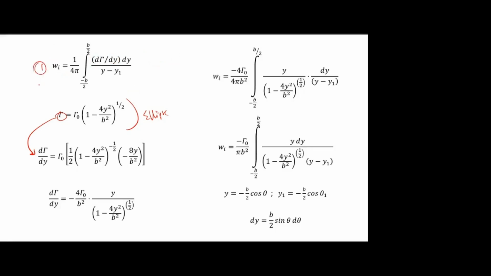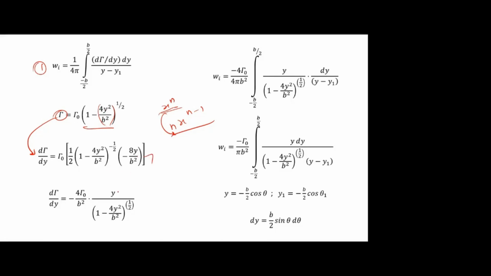So the first step is finding wi using this circulation. So I'm finding d gamma by dy. This is like x power n, so if you differentiate, you will get n times x power n minus 1. From this we are getting 1 by 2 whole power n minus 1, it will be minus 1 by 2. Then this term alone will be 8y divided by b squared. So if you differentiate, you will get this term.